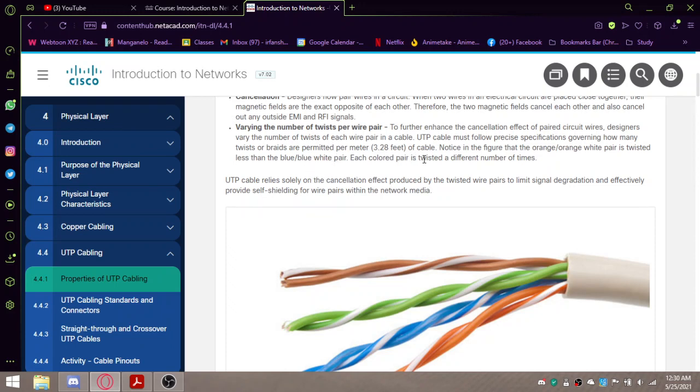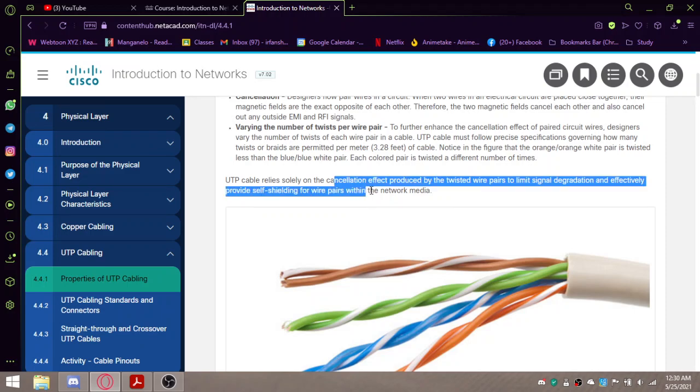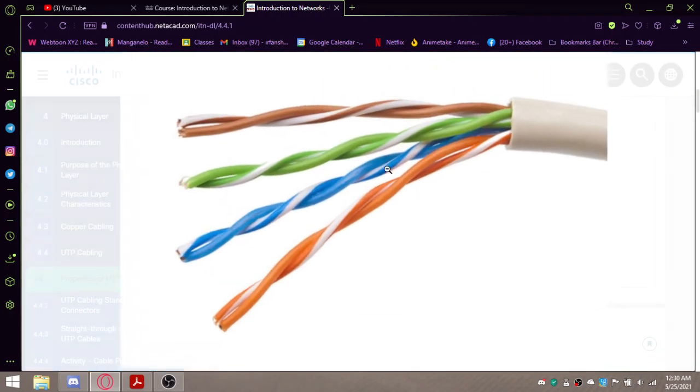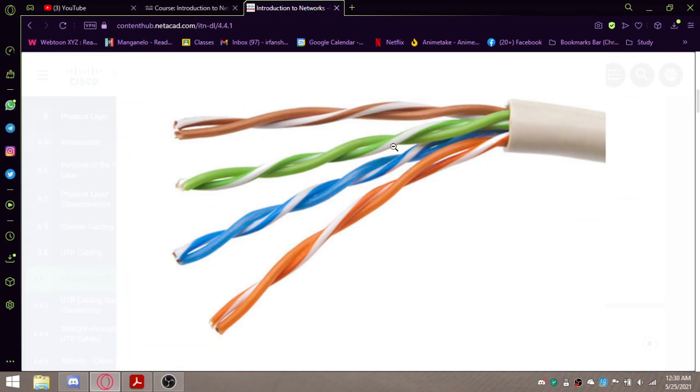Each color is twisted a different number of times. UTP cable relies only on the cancellation effect produced by the twisted wire pair to limit signal degradation and effectively provide itself shielding for the wire pairs within the network media. Nampak? Lain. Okay.